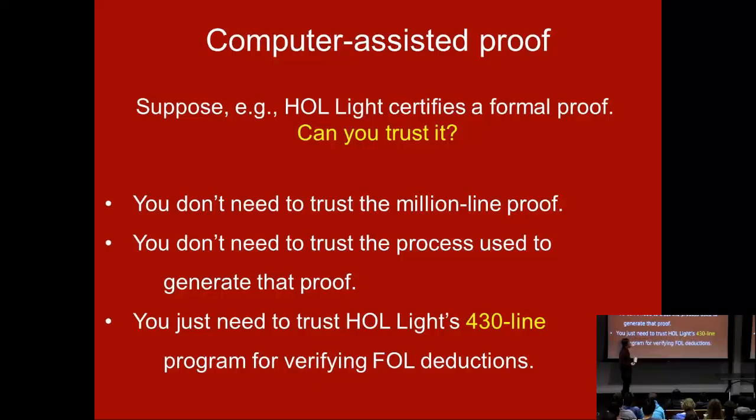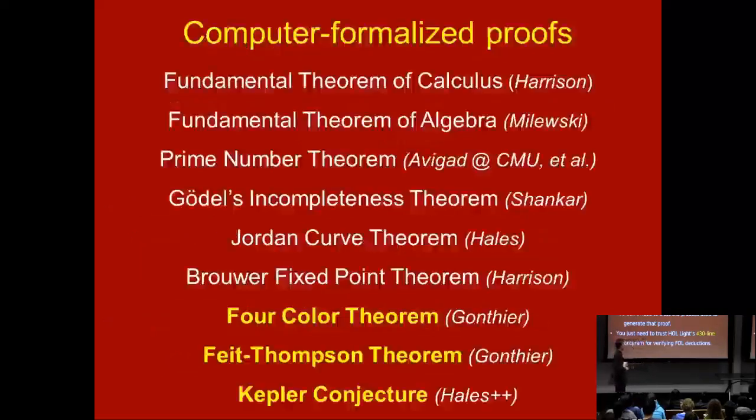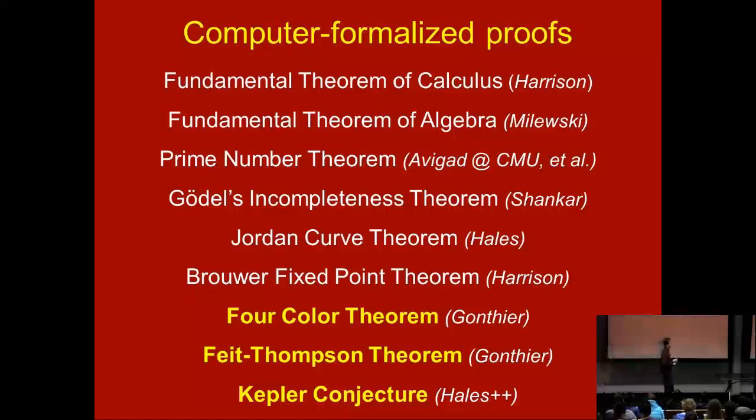So in a way, it almost makes you feel that proofs done in this way are better verified than ones that appear in math journals. People have done this for various famous theorems, like the fundamental theorem of calculus. Somebody coded up a complete correct deduction, and then HOL Light or some other program checked it.